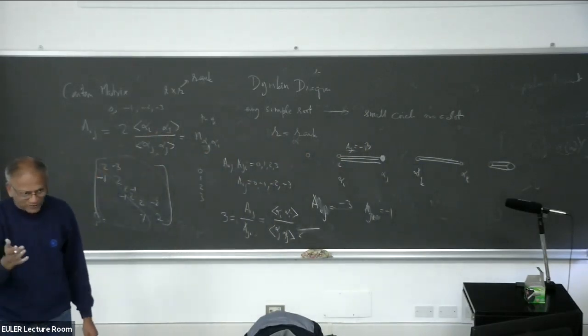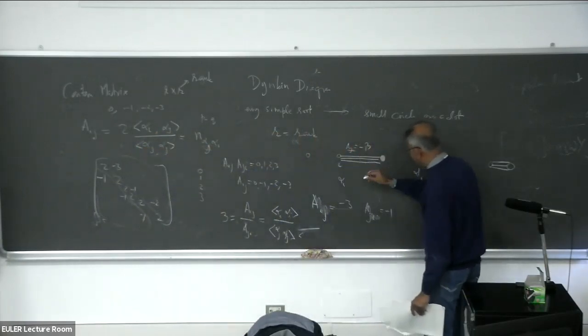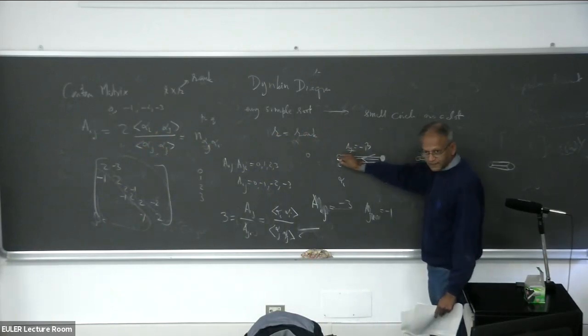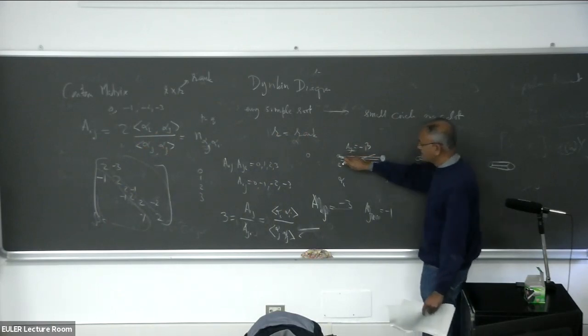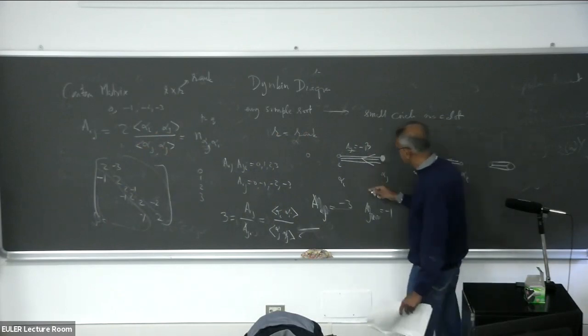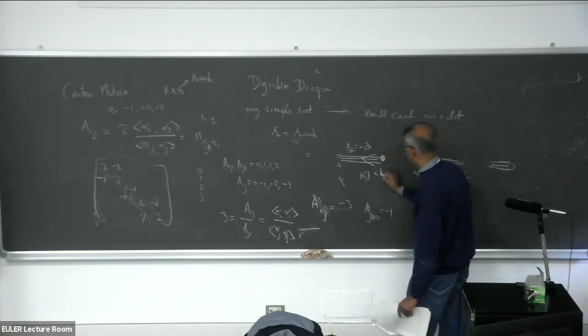I keep getting confused. So the rule which I like better is that you make an arrow from the shorter to the longer one. This arrow is telling you that as you go this way, this one is longer than that. So this arrow means the length of alpha_j is less than the length of alpha_i.